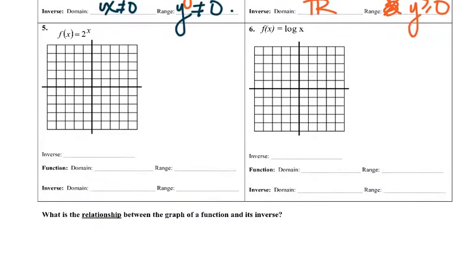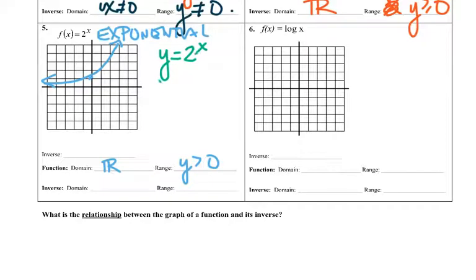Almost done. Last two. What kind of graph is number 5, or what kind of function? Exponential, right? Exponential goes to the point 0, 1 and swooshes up. So our domain is all real numbers, range just greater than 0. If you want to do the inverse, replace f of x with y, switch the x and the y.